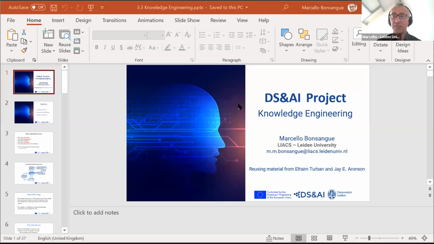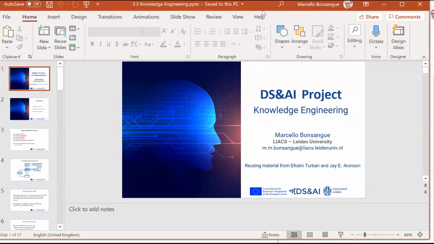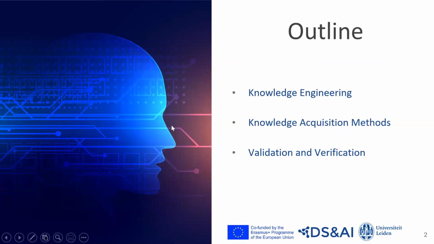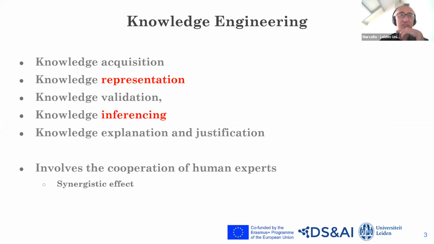Okay, so this is about knowledge engineering. Here it is not really something more applicable, but more like a lecture. So this is how knowledge engineering works. These are the steps.